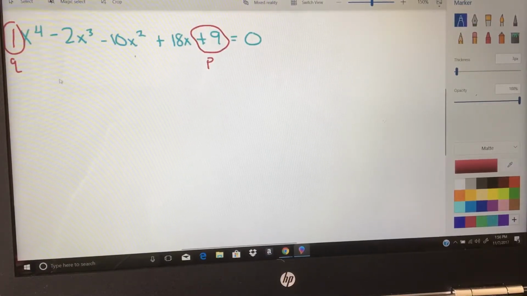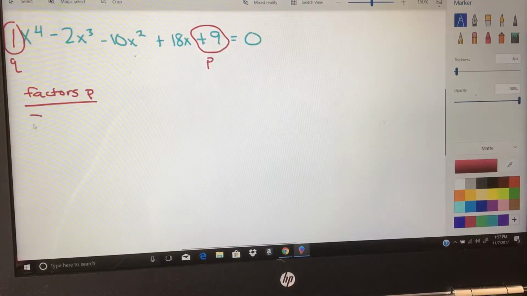To do our rational zero theorem, we're going to do the factors of P over the factors of Q. When we say factors, we say, okay, what multiplies to that number?